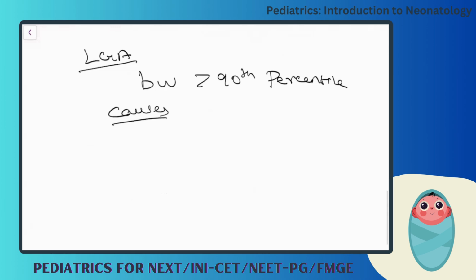So tell me the causes. What are the causes? You have to teach me now. I don't know, I forgot. Tell me, what are the causes of large for gestational age, macrosomia? At least tell me causes of macrosomia.